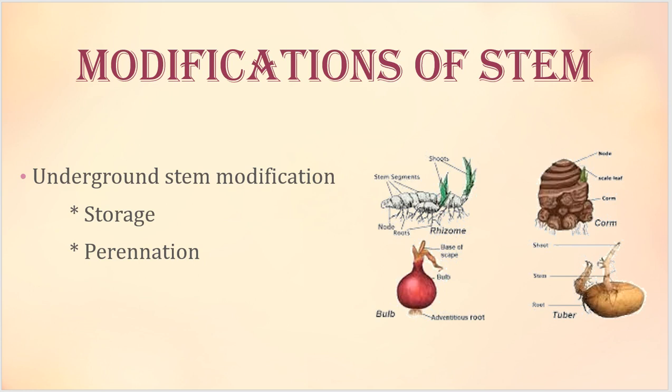And there are large fleshy scaly leaves which store the food. The best example for this is tulips, and in some lilies we can see this scaly bulb. So these are the modifications we could notice in underground stem.